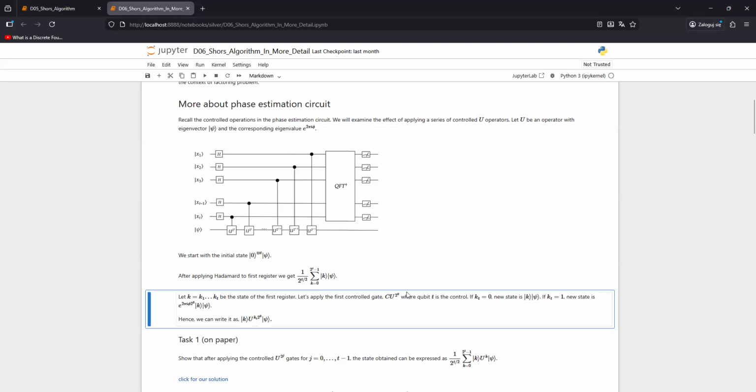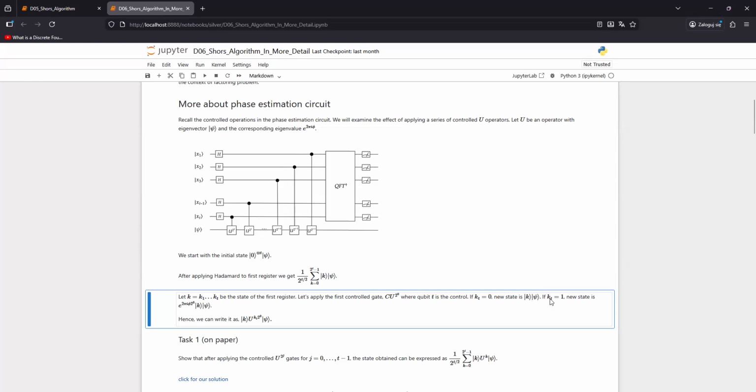And then once we apply them, we can see we have this state. For k being the states of the first register, the eigenvalue register, if we apply CU gates for some qubit, k with the small letter t, then if k_t is equal to 0, the state will be unchanged.